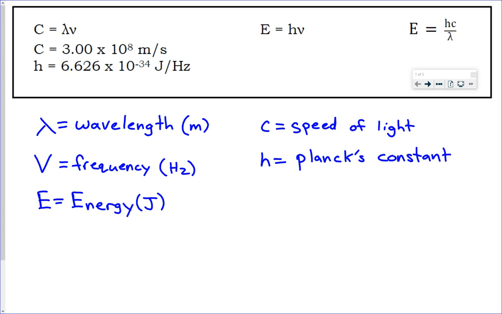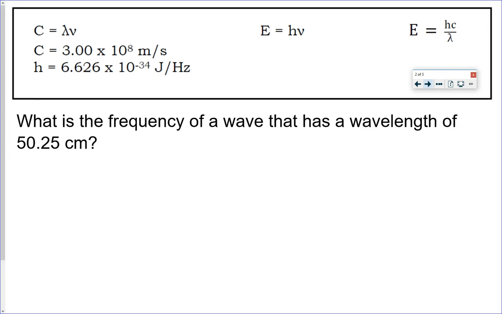And this one will always be 6.626 times 10 to the negative 34th. Planck's constant is a conversion between energy and frequency. So those two, you don't really have to worry so much about what they mean. Just know that they're constants and that you're going to be plugging them into these equations to figure out other things.